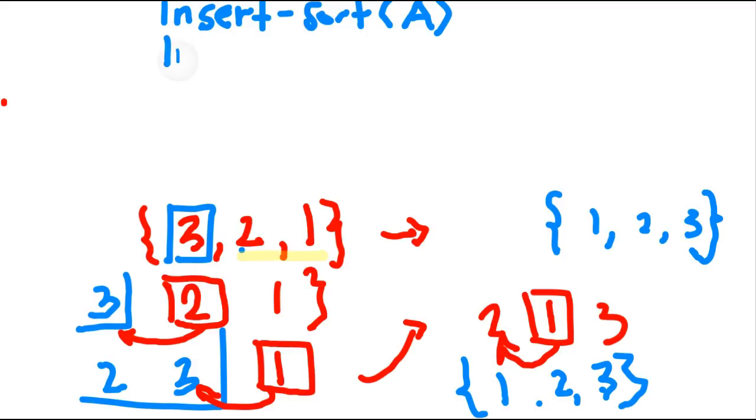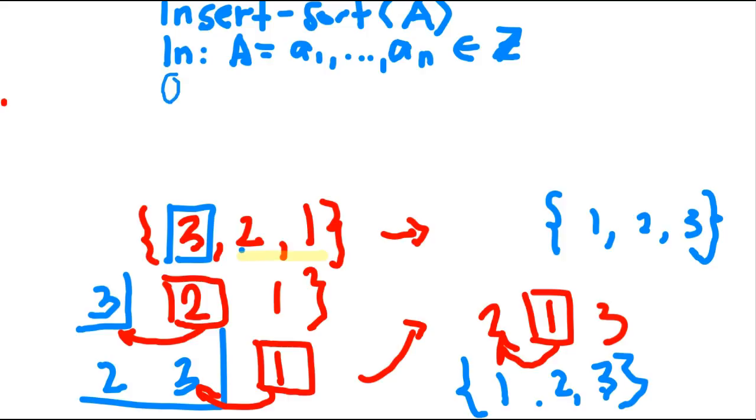For the input, we're considering a sequence, say a sub 1 up to a sub n, where these are, say, integers or could be real numbers.